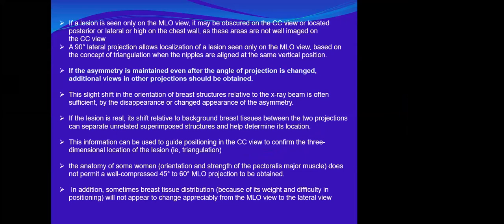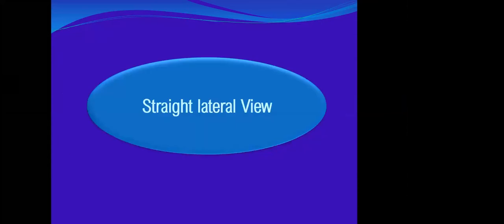If a lesion is seen only on the MLO, it may be obscured on the CC. Do you remember which areas are not seen in the field of view in the MLO and in the CC view? Yes, we have mentioned during these lectures.